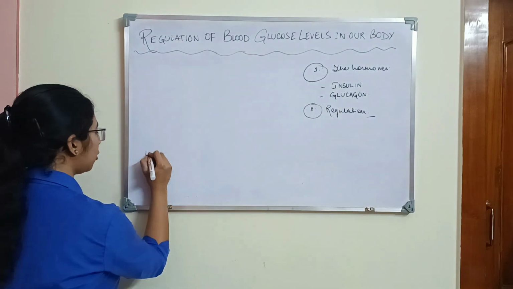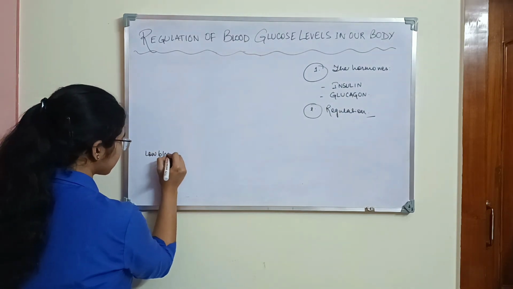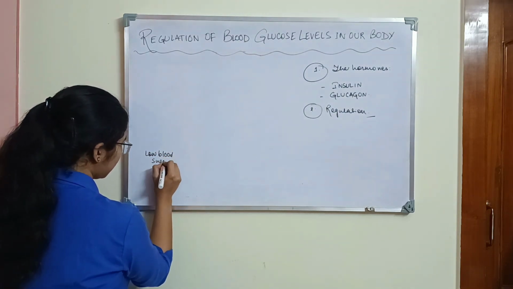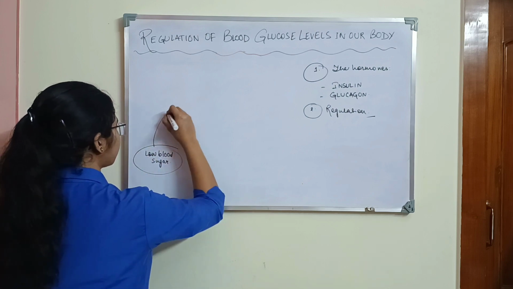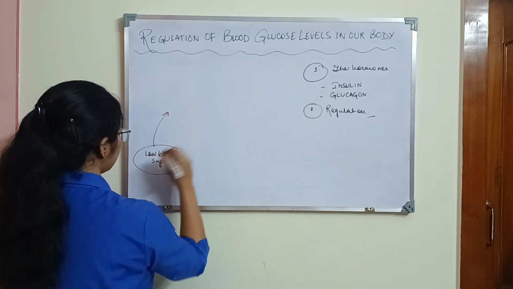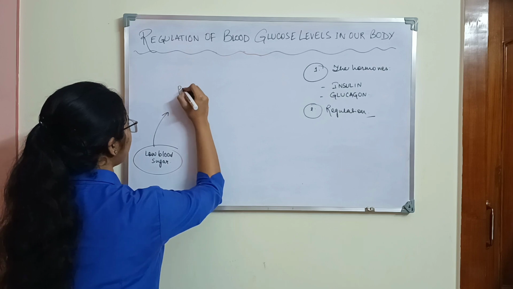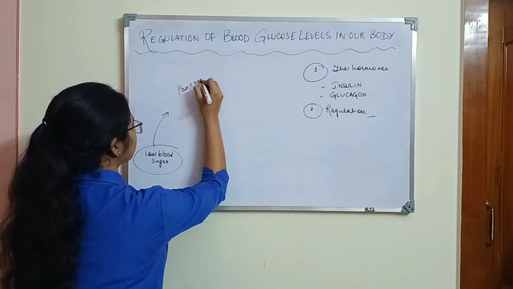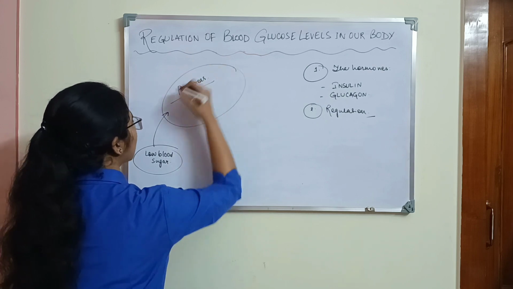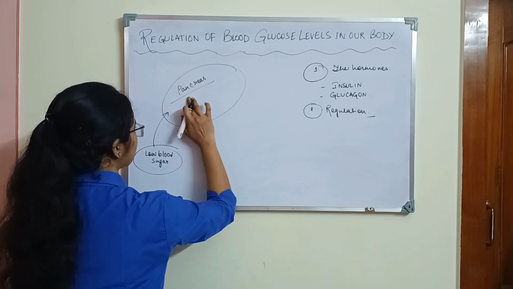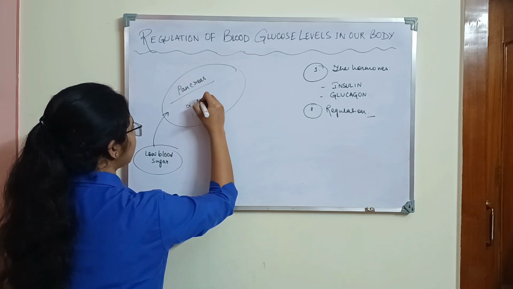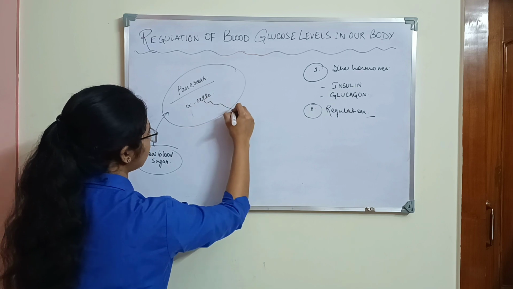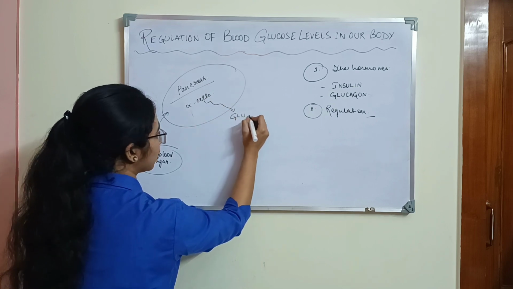So you have low blood sugar. This condition is going to stimulate the pancreas again. This time the alpha cells of the islets of Langerhans are stimulated to release a hormone named glucagon.